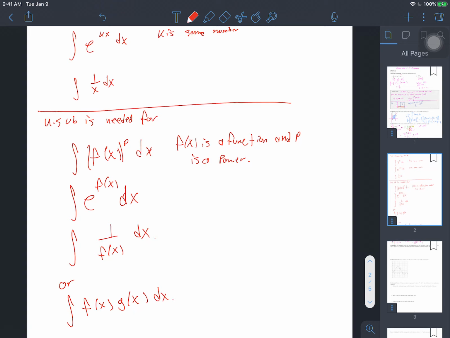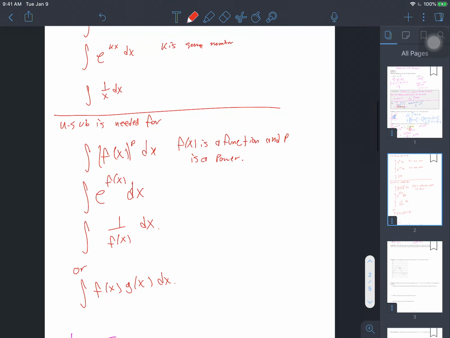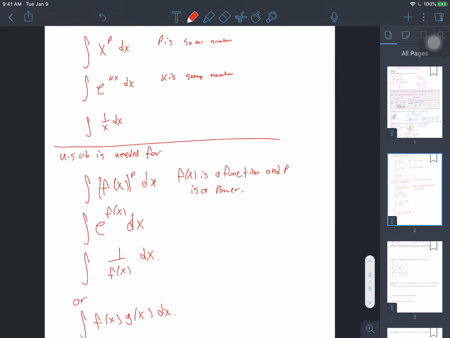Sometimes they look like that. Okay, so if we don't have a really simple problem like one of these here, we're going to need to use u substitution. Okay?